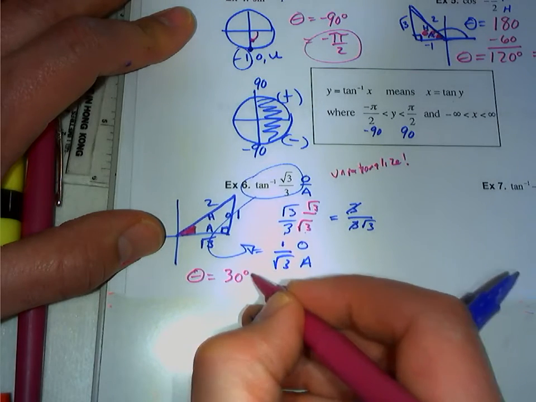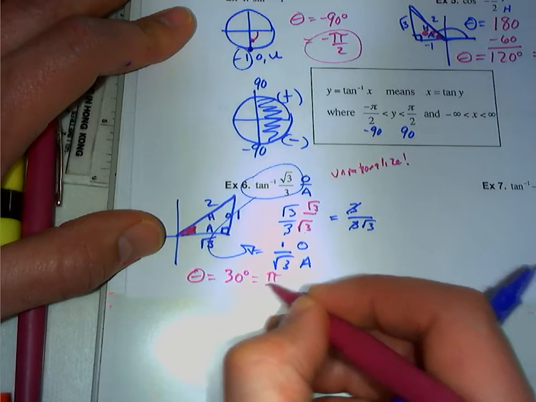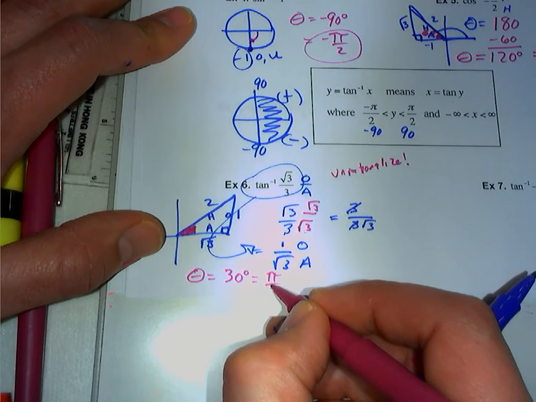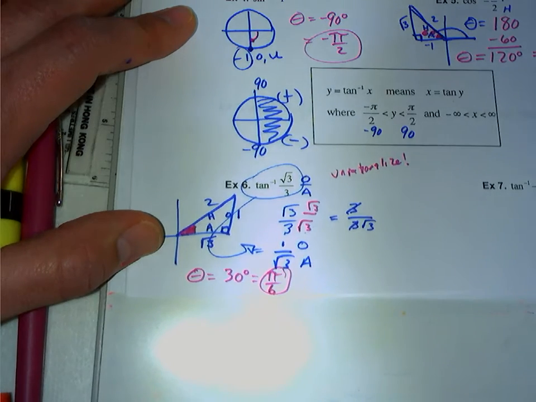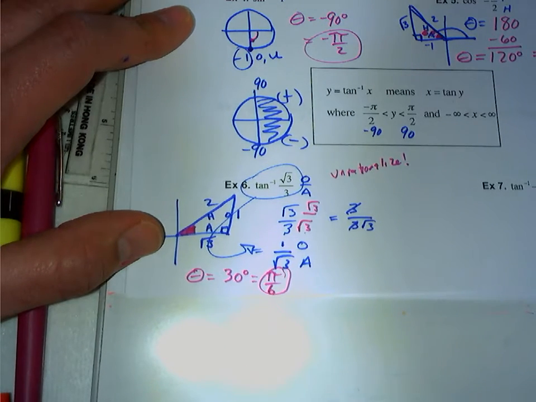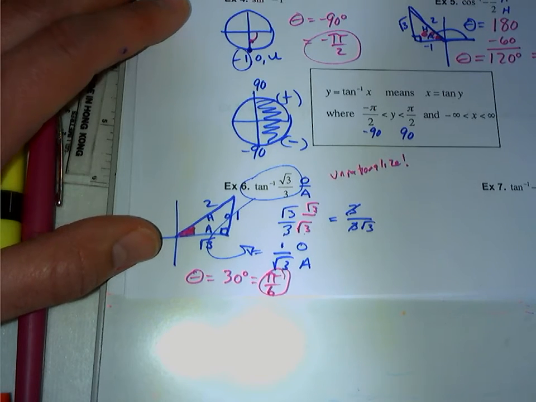Across from 1 is 30, and that is pi over 6. We're getting a reminder, if this is 30, then in radians it's going to have a 6 in it. 6 and 3, 3 and 6. So final answer, pi over 6 is what I'm looking for. Okay, good stuff.